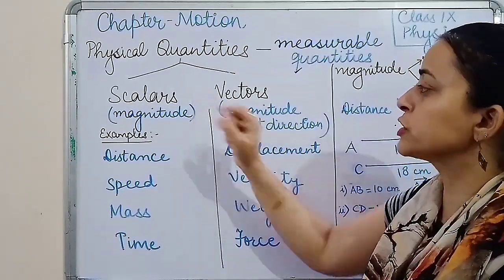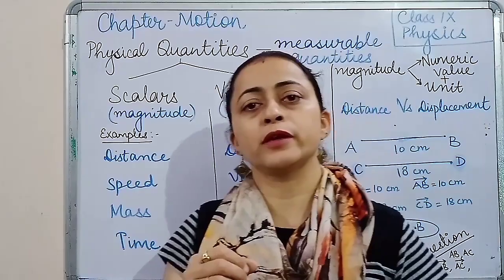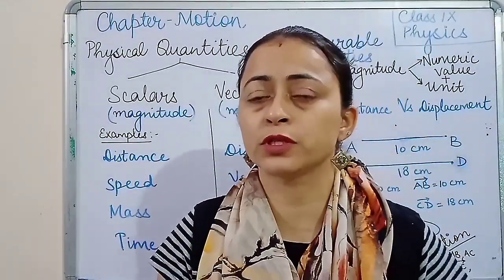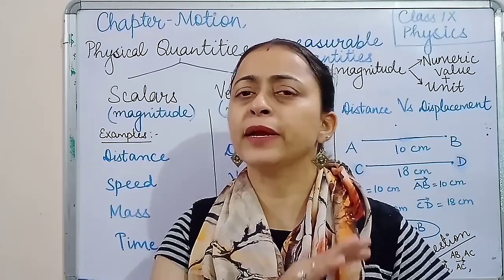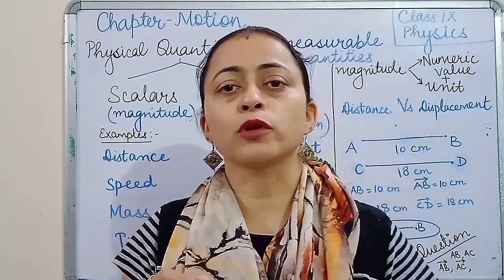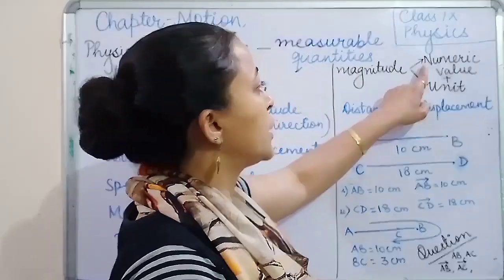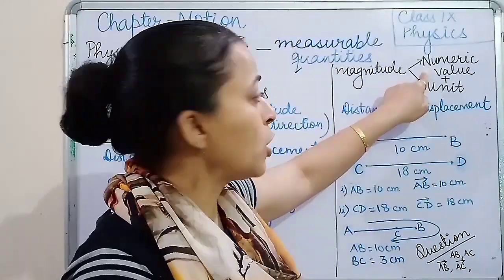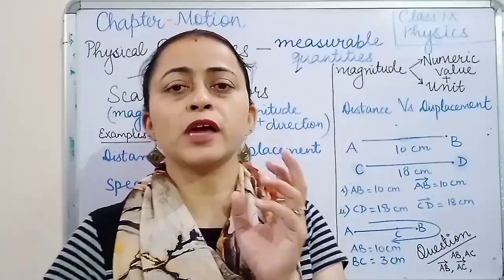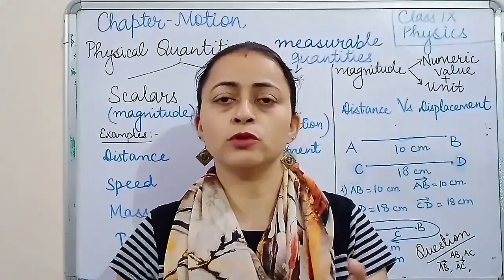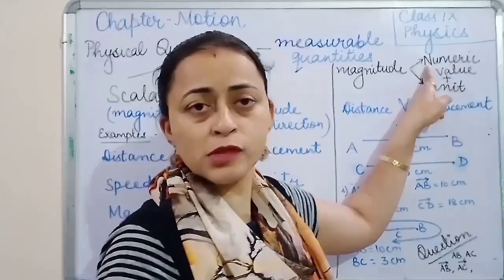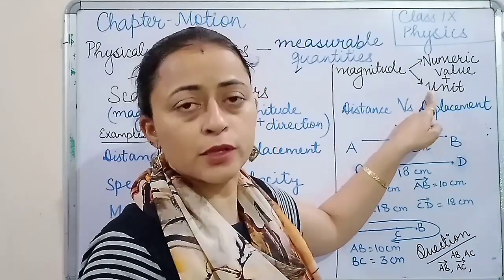Now when we talk about scalars, what do you mean by scalar? Scalar refers to those physical quantities which are completely described by magnitude only. Means what? Magnitude refers to a numeric value, and along with the numeric value, there will be a unit associated with it. For example, if I ask you for your age, you say 15 years, 16 years, where 15 becomes the numeric value and years becomes its unit.